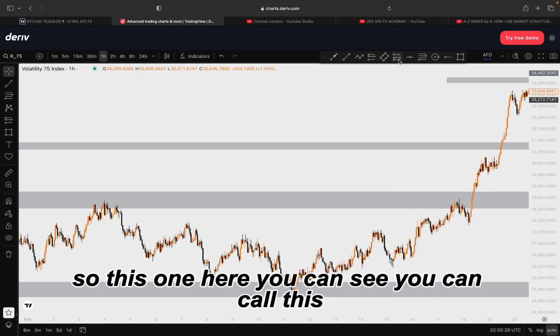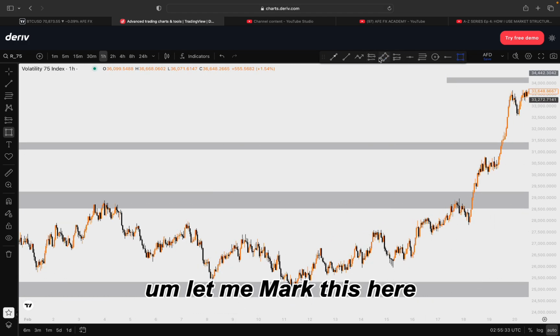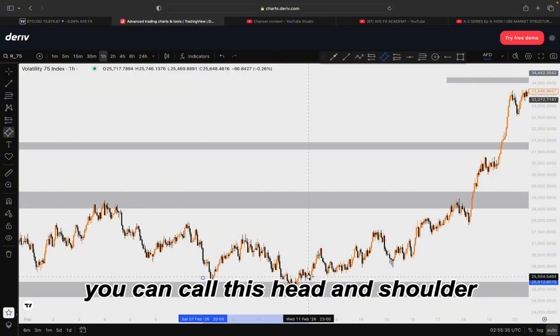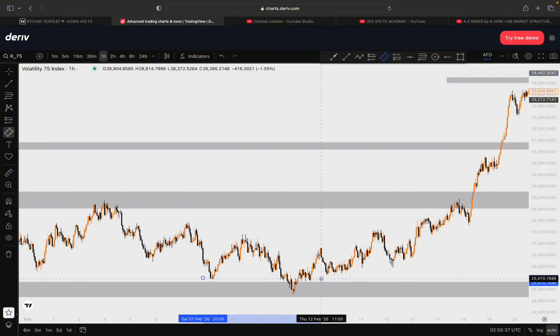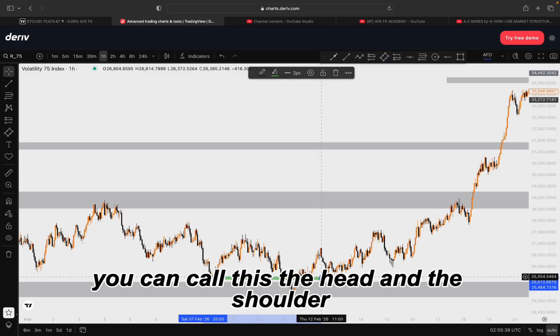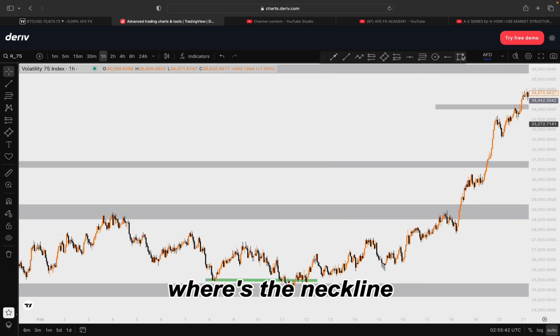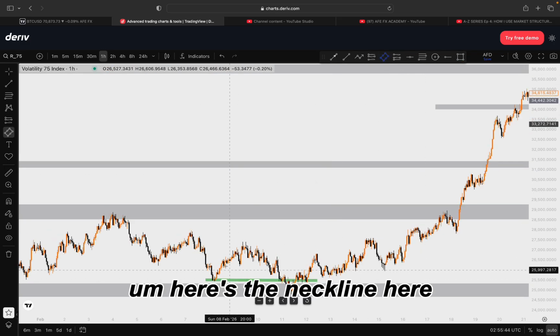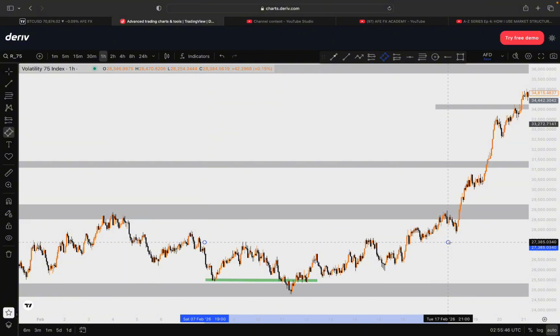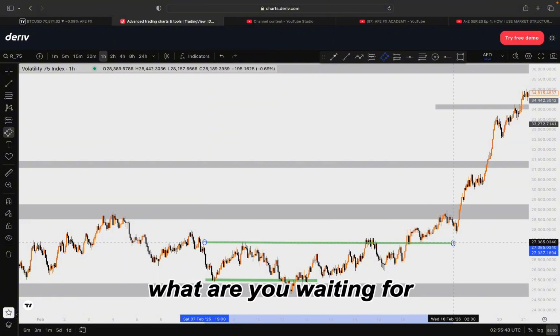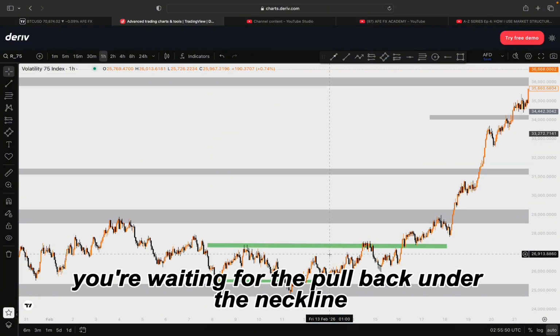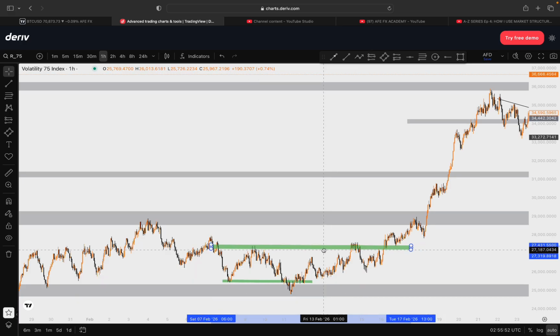So this one here, let me mark this. You can call this head and shoulder. You can call this the head and the shoulder. Where's the neckline? Here's the neckline here. Then what are you waiting for? You're waiting for the pullback on the neckline, right?